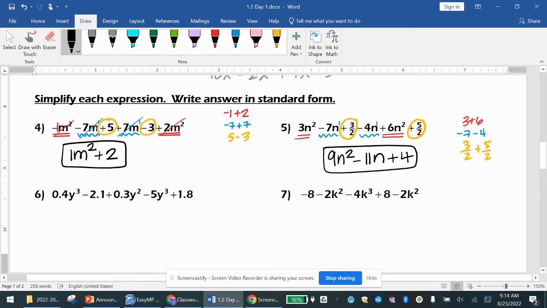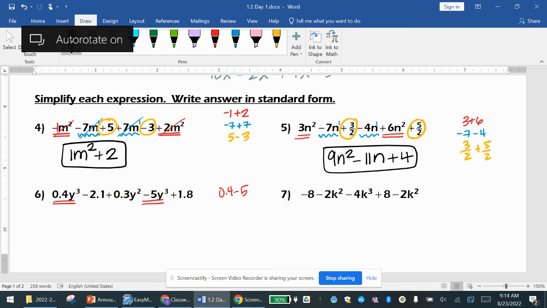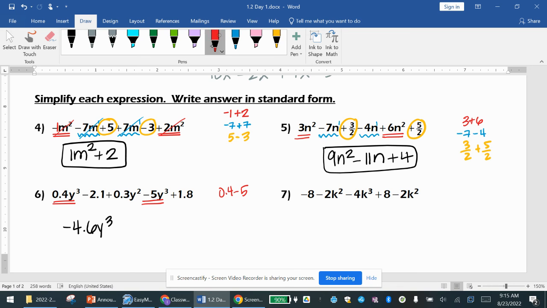Okay, it's okay if you get a couple decimals here and there. You can use a calculator to combine them. So for example, 0.4y to the third and minus 5y cubed, right? So 0.4 minus 5, you might not be able to do that in your head, so you're welcome to use a calculator. Okay, so once those are combined, you can go ahead and move on to the quadratics.